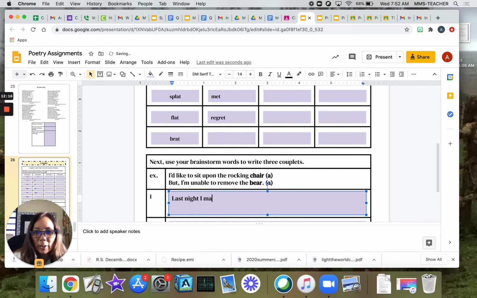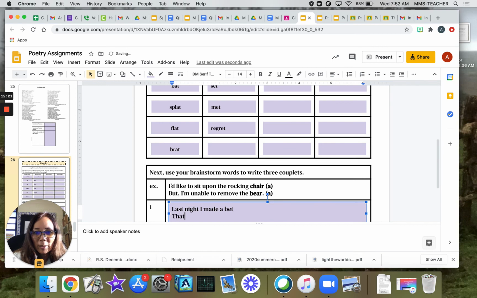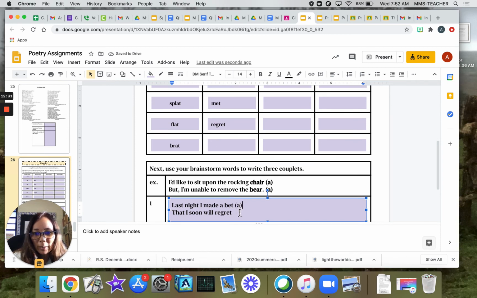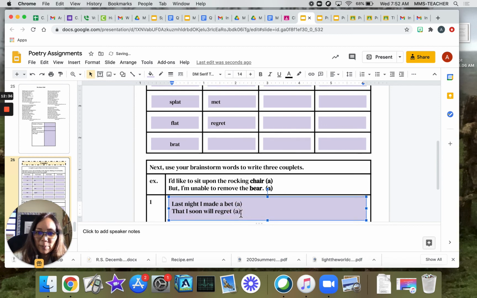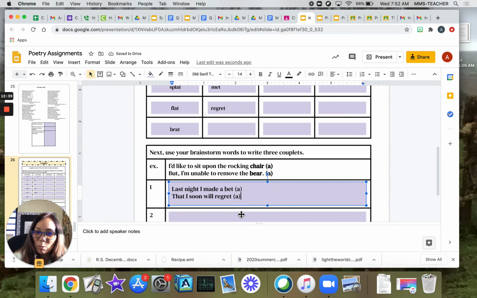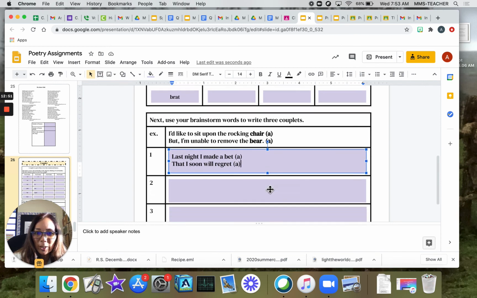Last night I made a bet that I soon will regret. Now bet and regret, so this is a couplet. It's 2 lines and the end words both rhyme, bet and regret.